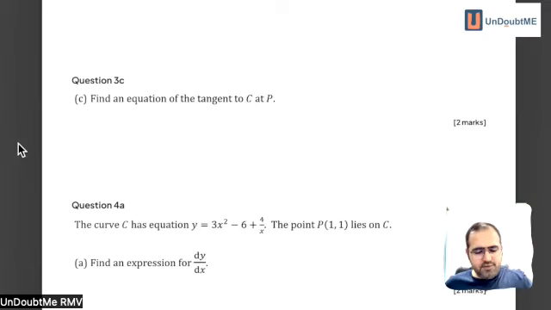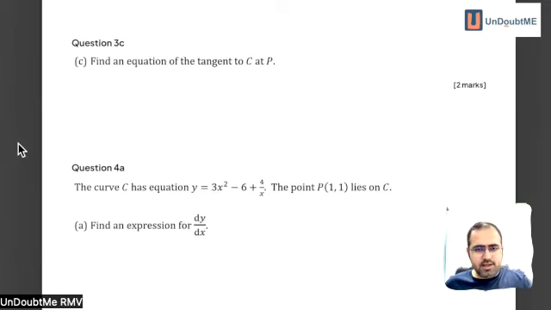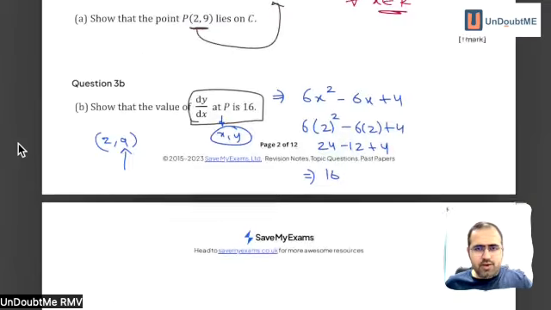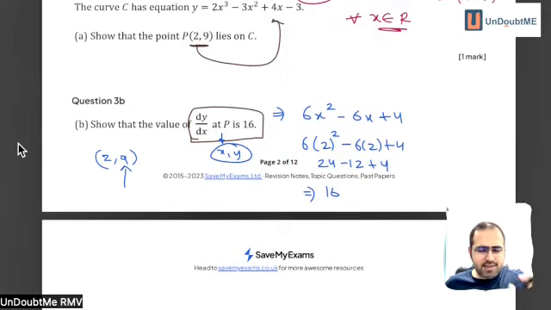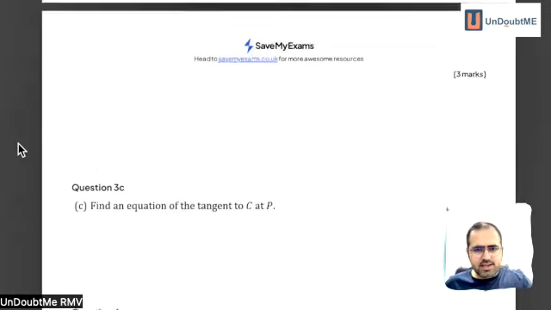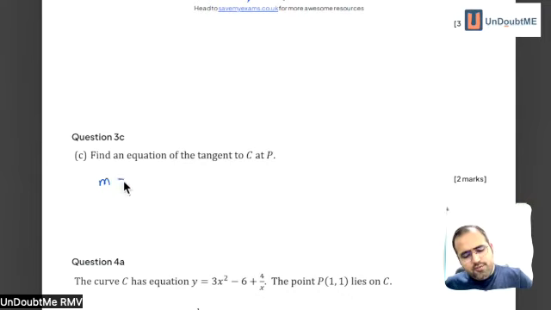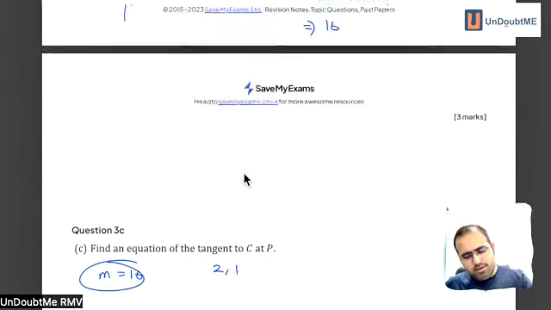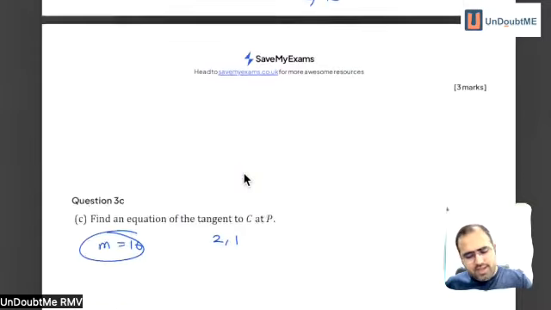Find the equation of the tangent to C at P. Now we already have the value of dy by dx at P, which is 16. It means the value of the gradient is 16 and point P is (2, 9).